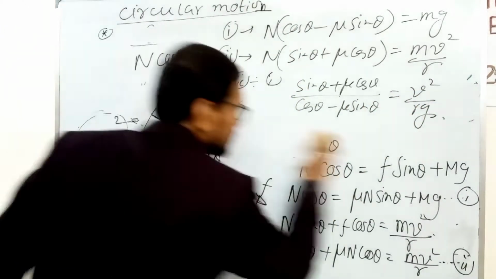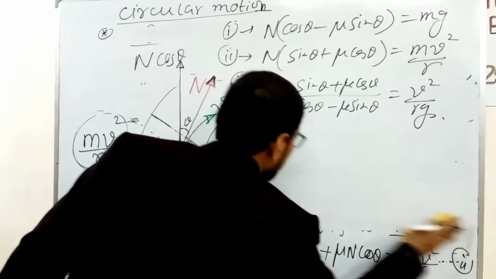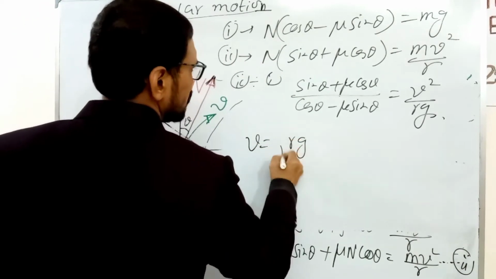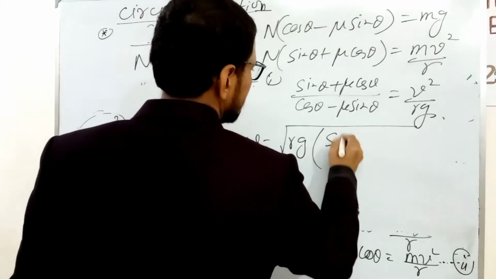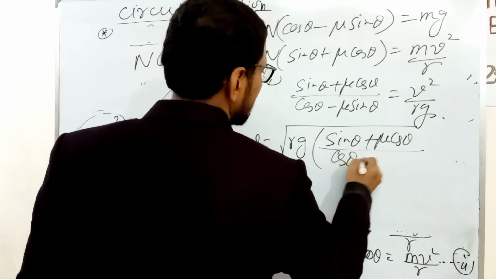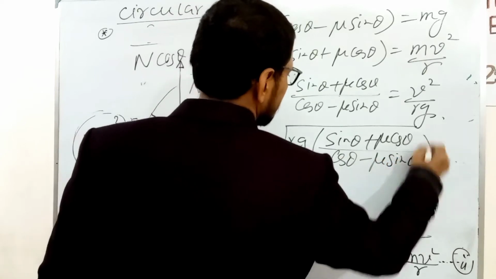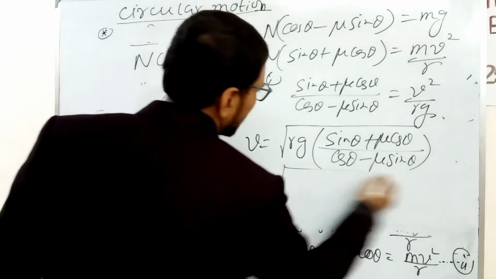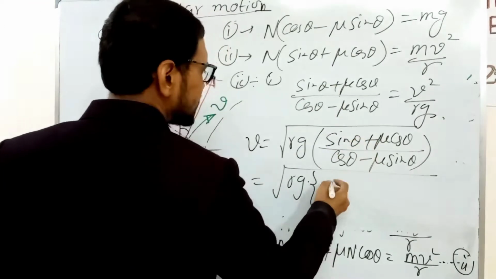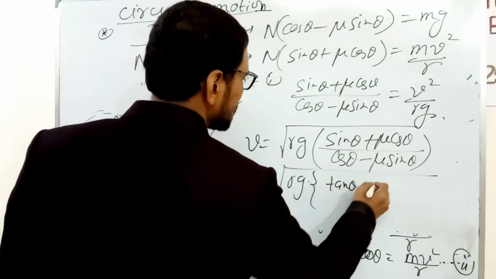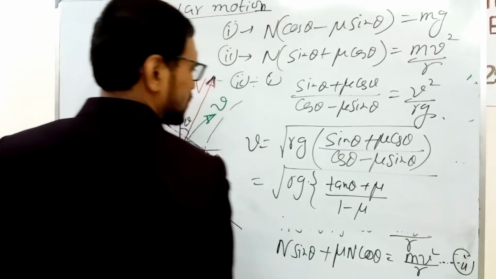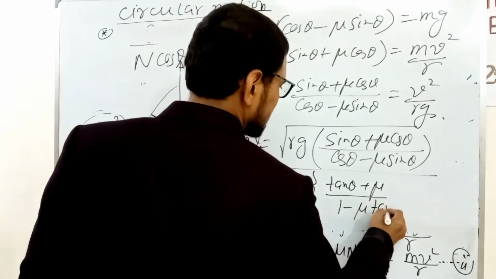So v equals root over rg times sin theta plus mu cos theta by cos theta minus mu sin theta, which equals root over rg into tan theta plus mu by 1 minus mu tan theta, if we divide by cos theta in numerator and denominator.